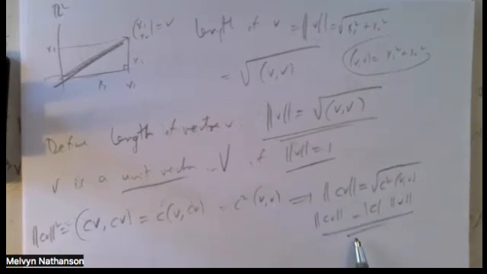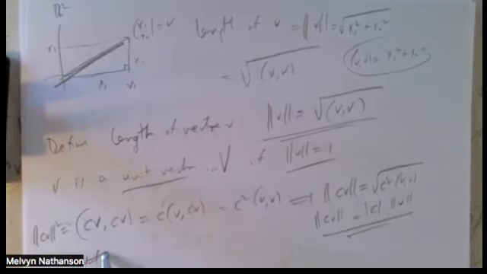So this is just a sort of obvious statement. And if you take any vector w different from 0, then the length of w is positive. Of course, the inner product of w with itself is positive.